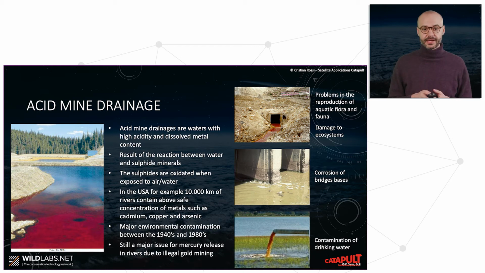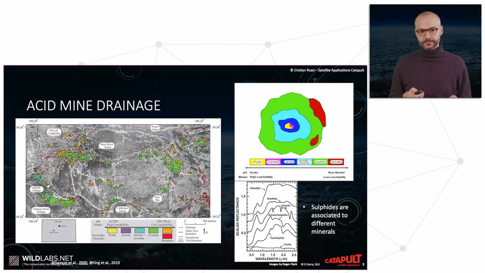Just as a statistic, in the US, there are 10,000 kilometers of rivers that contain above safe concentrations of metals due to these operations. And it's still a major issue in some countries due to, for example, illegal gold mining and the release of mercury into the rivers. So those are all huge environmental issues. How can remote sensing help here? We can help in mapping it.